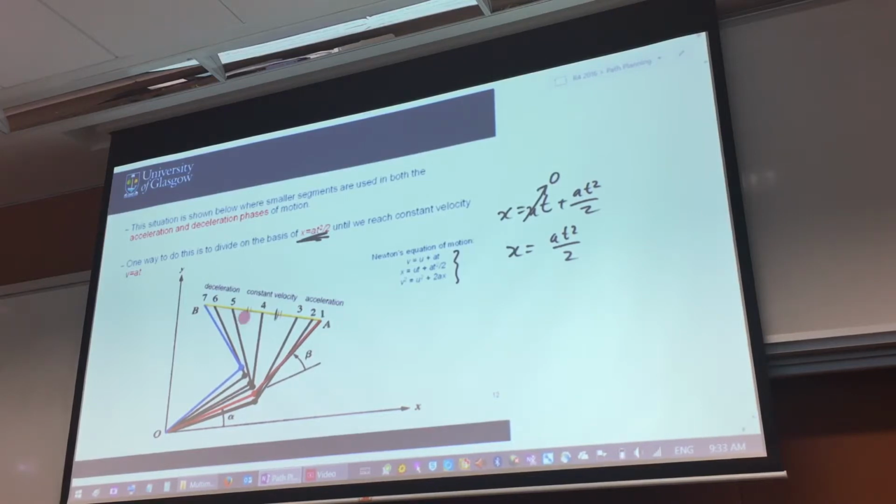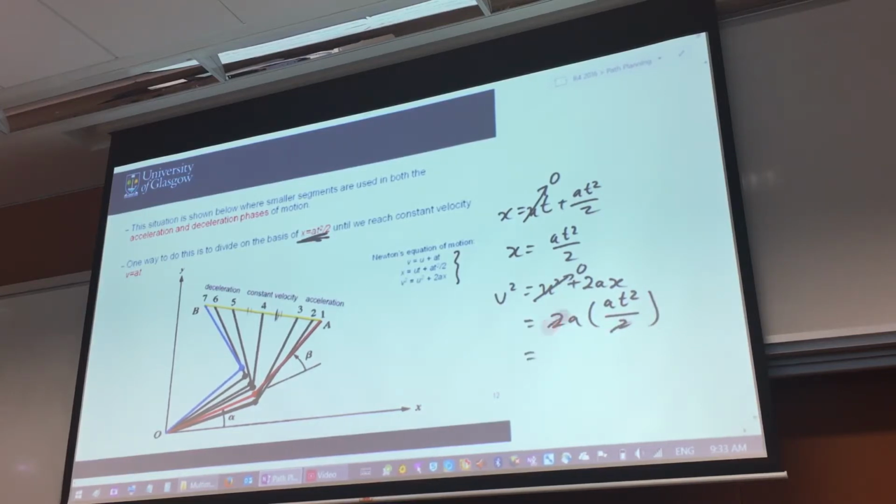So let me find out what then is that final velocity. Final velocity: v squared equals u squared plus 2ax. And again, my initial velocity is equal to 0. So it equals 2a, and x over here will be at squared divided by 2. If I simplify that, I get a squared t squared.